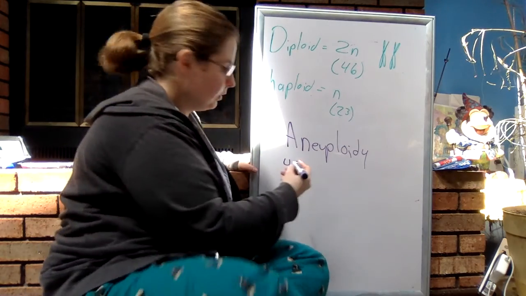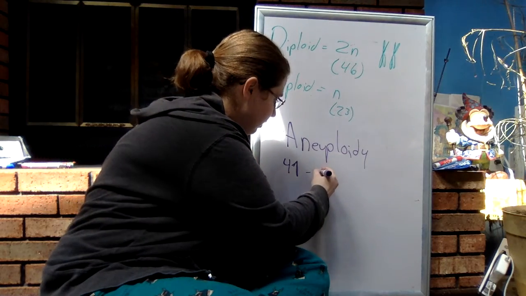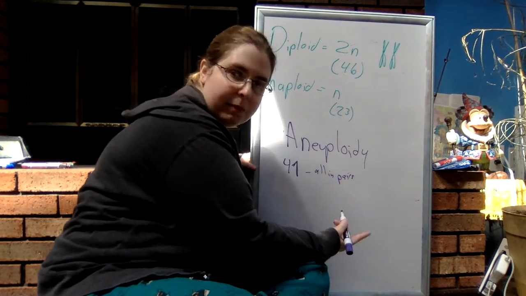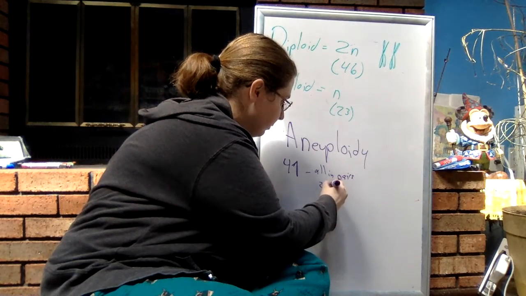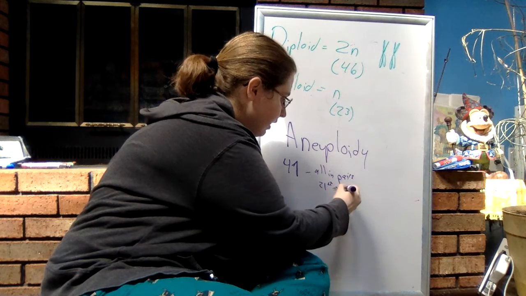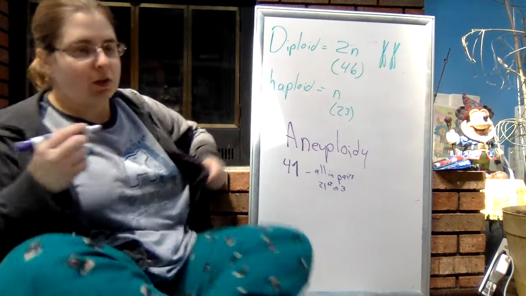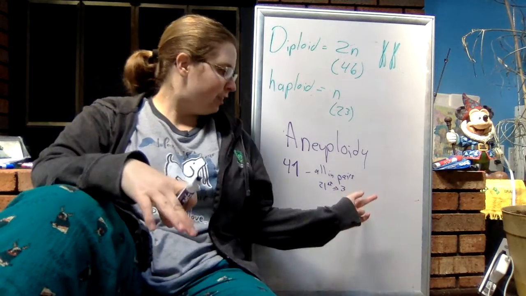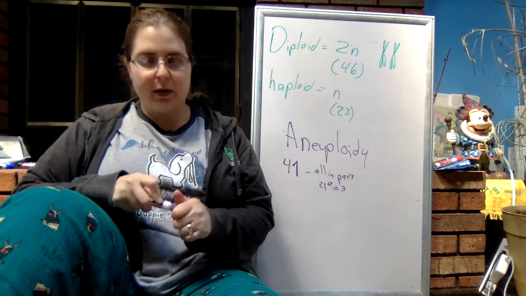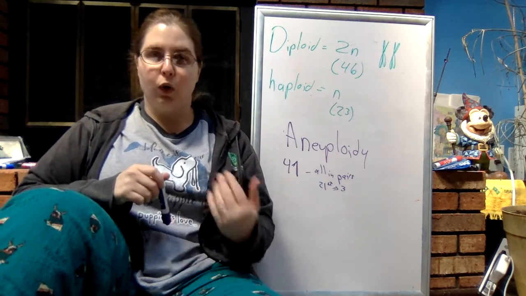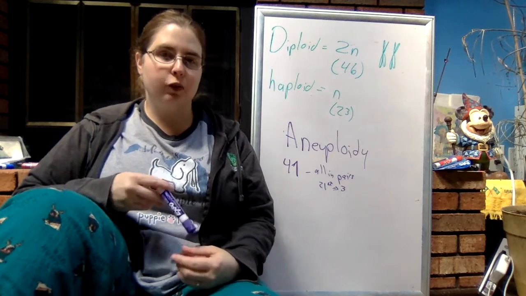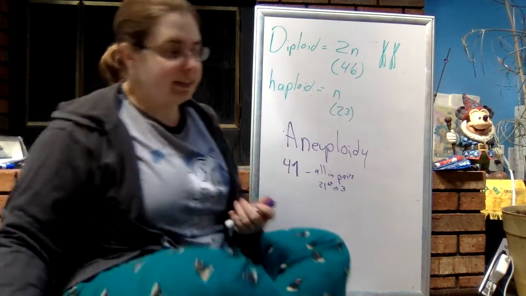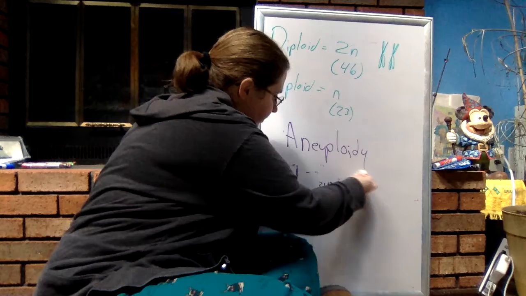So 47 chromosomes, all of them are in pairs, with the exception of the 21st chromosome. That one, there are 3 copies of it. So you have everything in pairs, 46 total, plus an extra 21st chromosome. Now that's an example of aneuploidy because you have one extra, and specifically we call this trisomy 21, better known as Down syndrome.